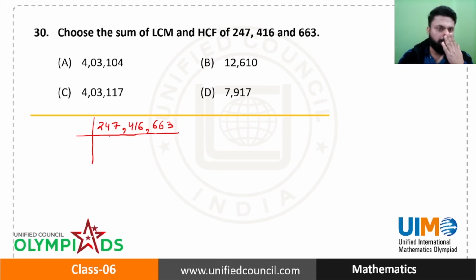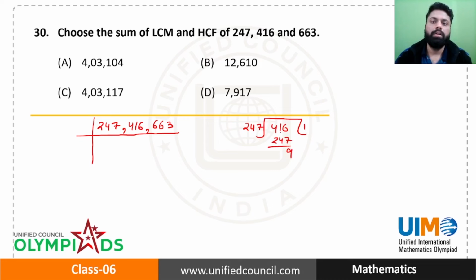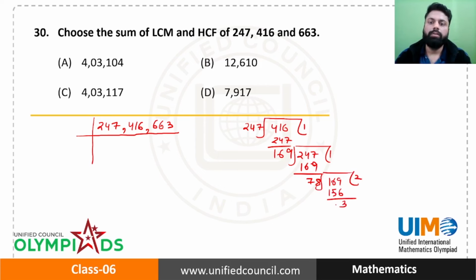Let's use a different approach. 247 and 416: one time 247, 16 minus 7 is 9, 10 minus 4 is 6, and 169. 247, 169: 17 minus 9 is 8, then 13 minus 6 is 7. 169, 2 times. 3 and 1. 78, 6 times.